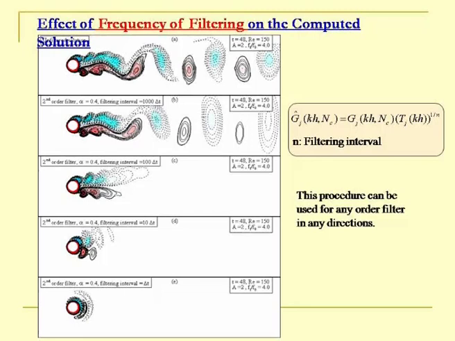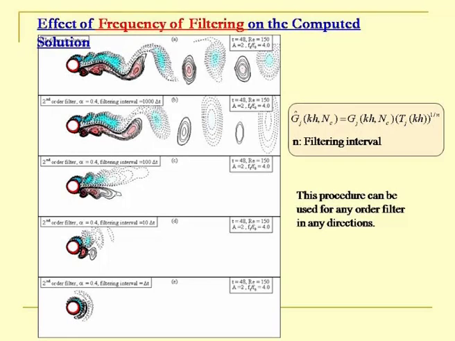Now what happens? If I do infrequent filtering, then the basic numerical method has an amplification factor which is given by the first factor on the right hand side, Gj, and if I had done it at every step, I would have multiplied by Tj.